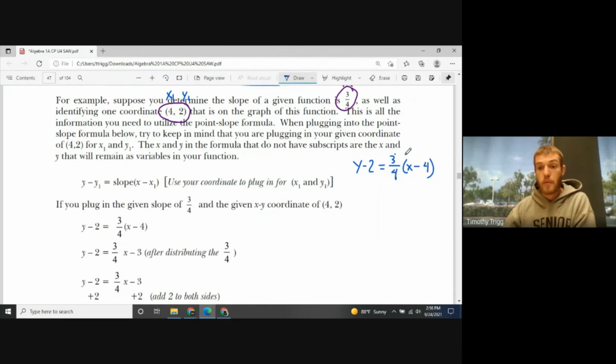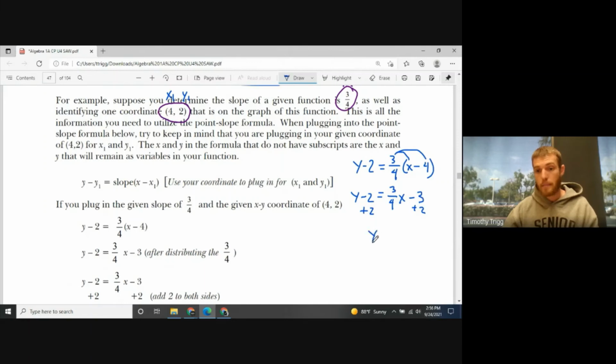So I would distribute this 3/4 here. We have y minus 2 here. Distribute the 3/4, that makes 3/4 x. And then 3/4 times 4. Well, since you're doing 3 divided by 4, then times 4, those 4's cancel. So that's just going to be minus 3. Then to get y by itself, we add 2 to both sides.